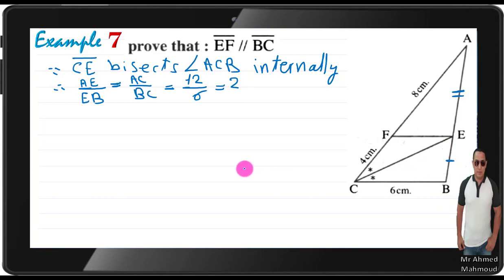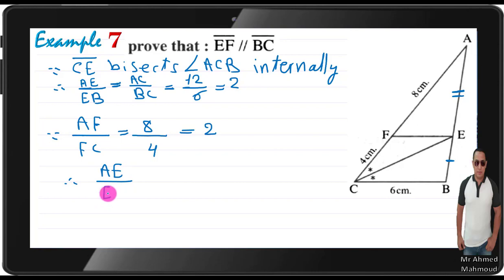Okay, now since AF over FC equals 8 over 4 equals 2 also, therefore AE over EB equals 2 and AF over FC equals 2, therefore AE over EB equals AF over FC, therefore EF is parallel to BC.